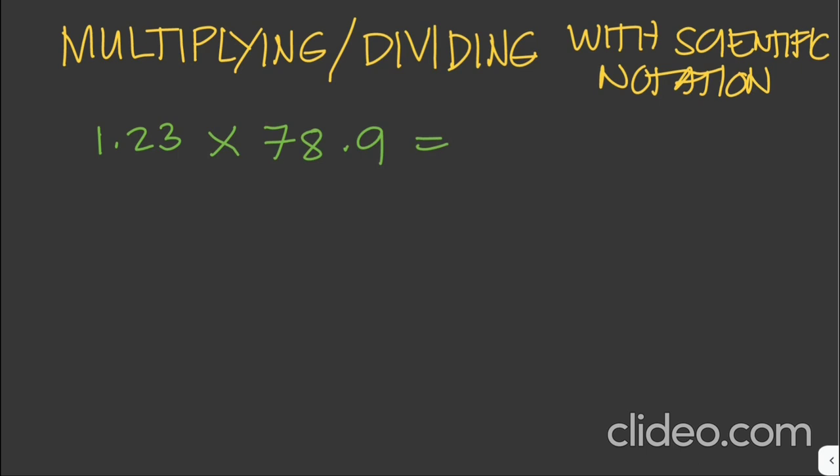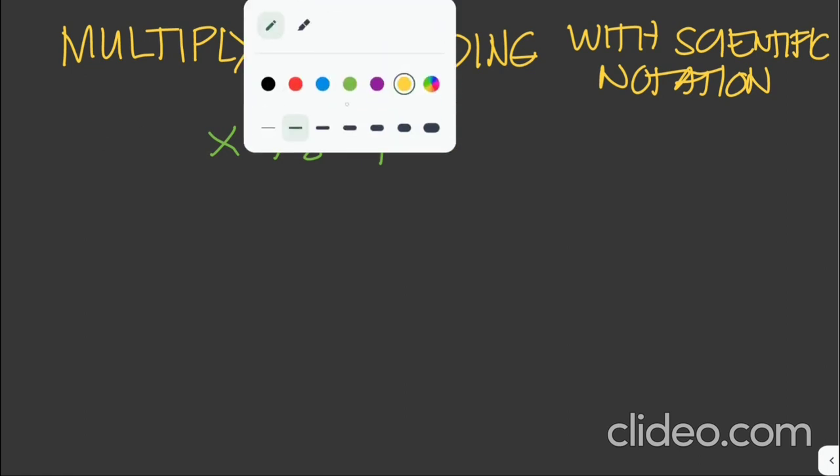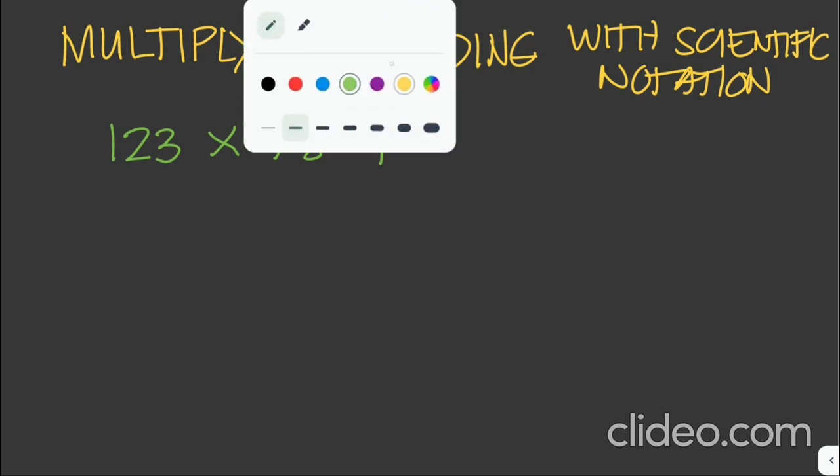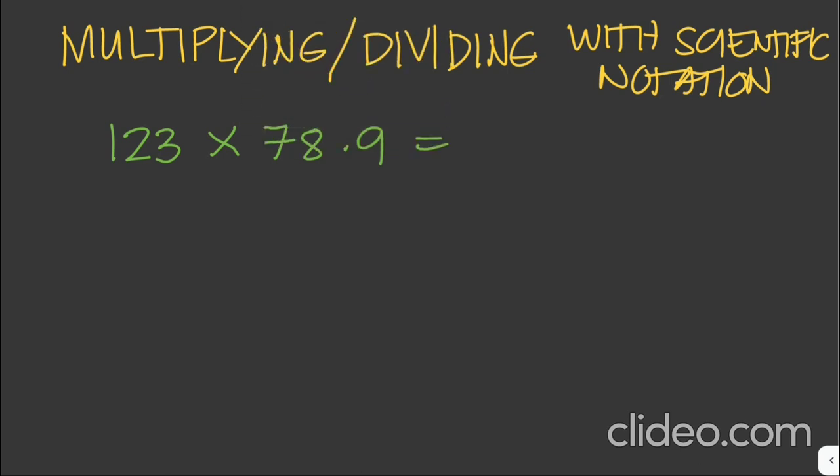Again, okay, this should be 123. Sorry. Again, by following the scientific notation rules, our coefficient should be greater than 1 and less than 10. So we can rewrite 123 as 1.23 times 10 squared.